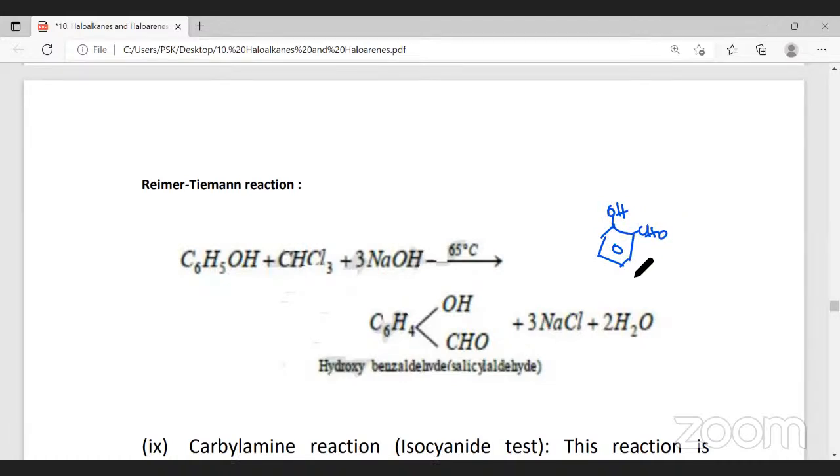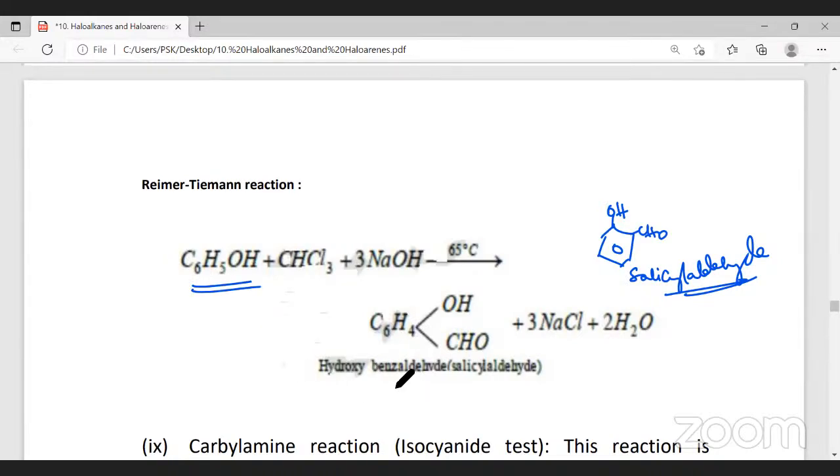This is called salicylaldehyde. I'll teach you the mechanism in the next chapter, alcohols, phenols, ethers.